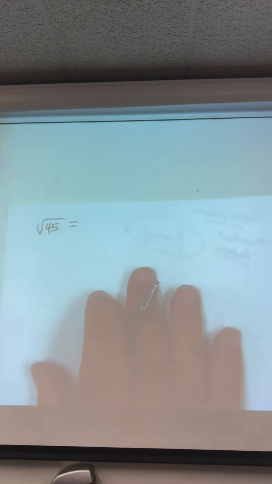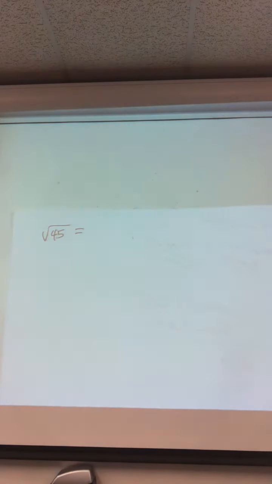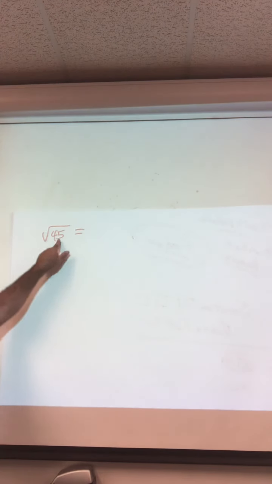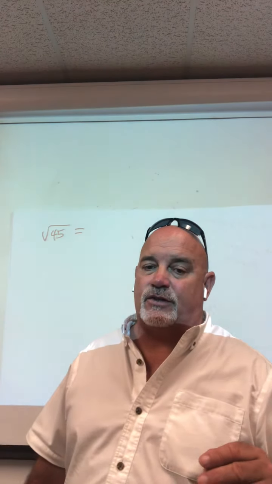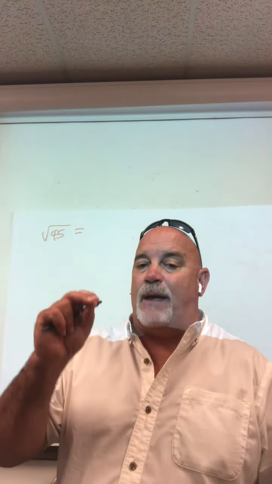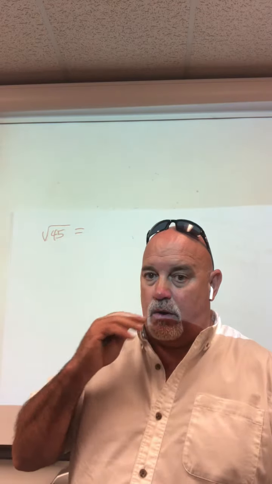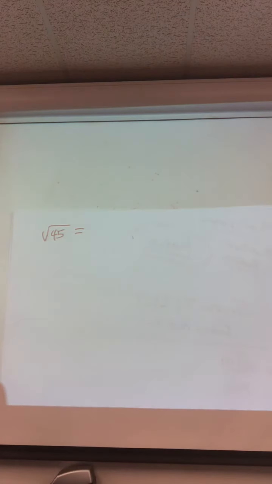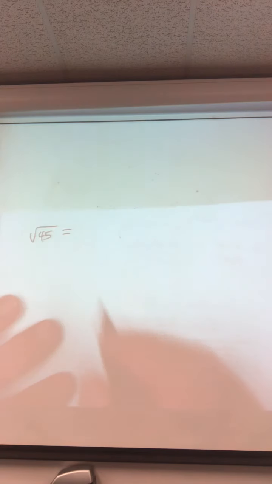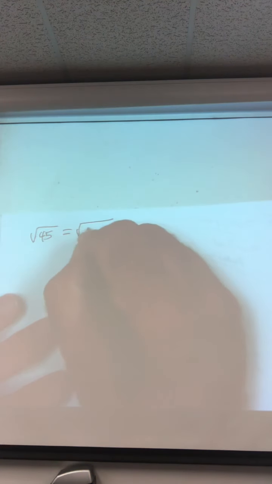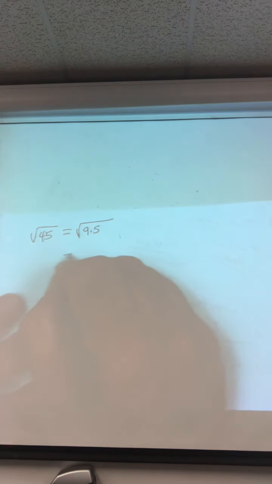So let's do square root of 45. First, can you get the square root of 45? Is it perfect? No. Then the next thing you ask yourself, is there a perfect square that divides? And remember, if it helps you to write down the perfect squares, do so. But yes, there is a perfect square that divides into 45, and that's 9.